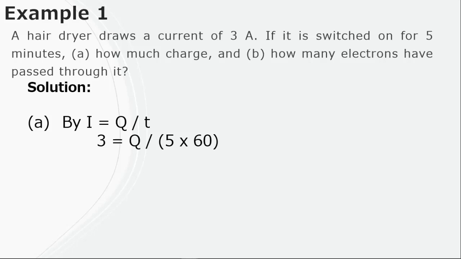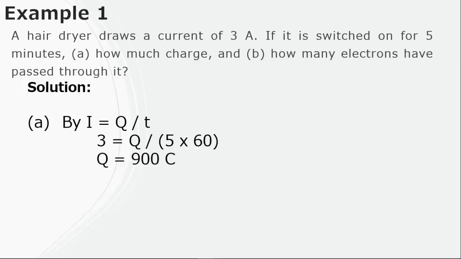So converting 5 minutes into seconds, then we can calculate for Q. So we have Q now equal to 900 coulombs.